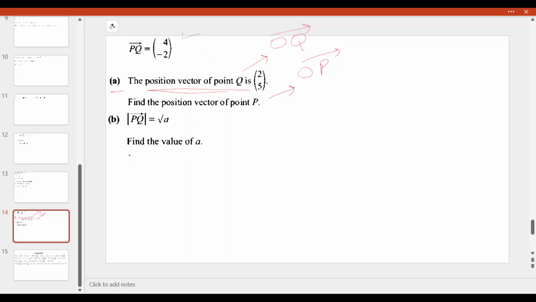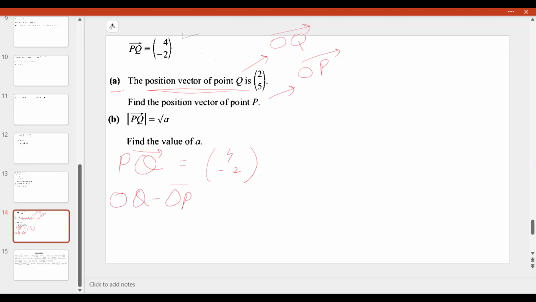Now we always start solving the question by using the given information. The given information is here: vector PQ is equal to (4, -2) in column form, and this vector PQ can also be written as OQ minus OP.